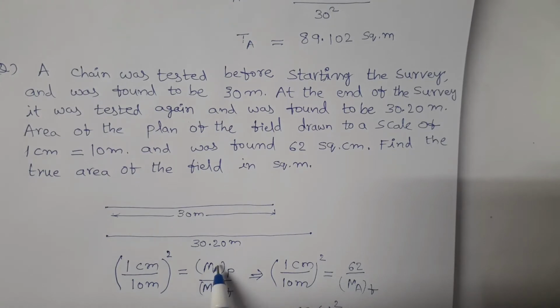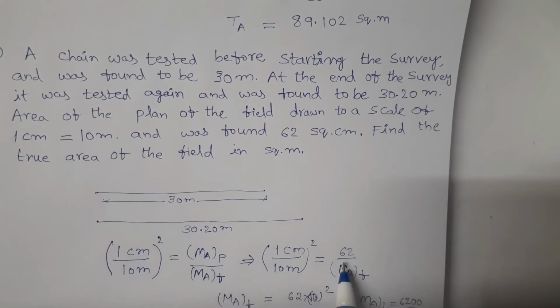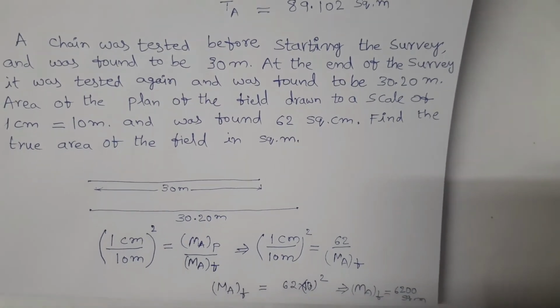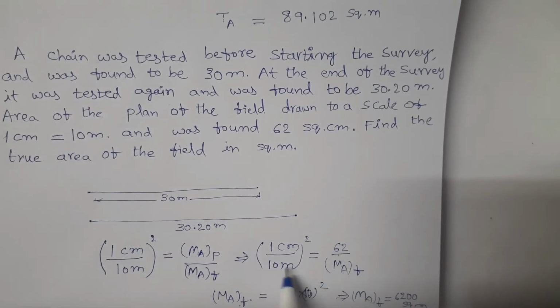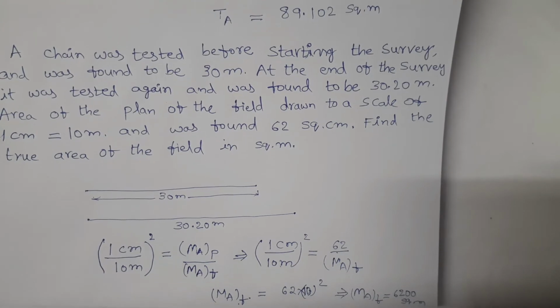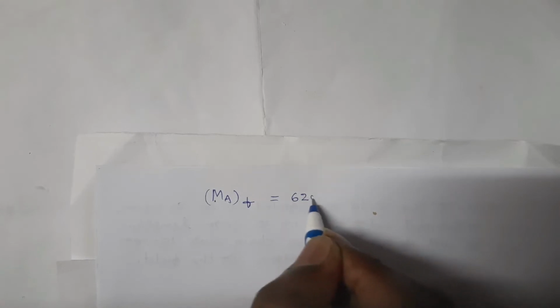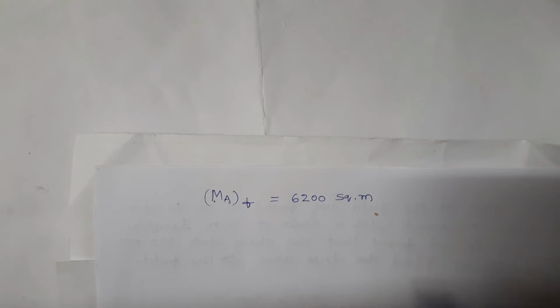Measured area of the plan is 62, from which we can find out the measured area of the field. 62 into 10 square, 6200 square meters. Measured area of the field is equal to 6200 square meters.